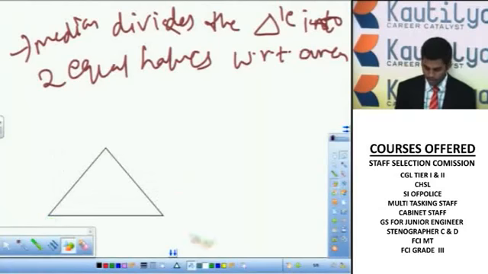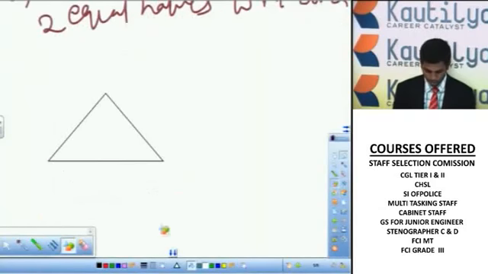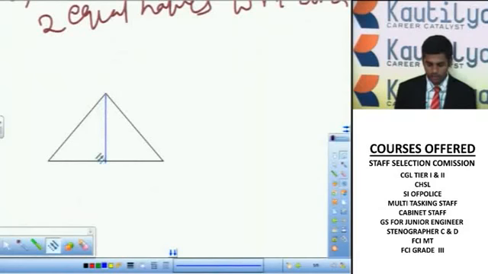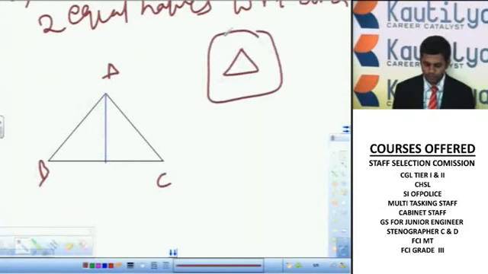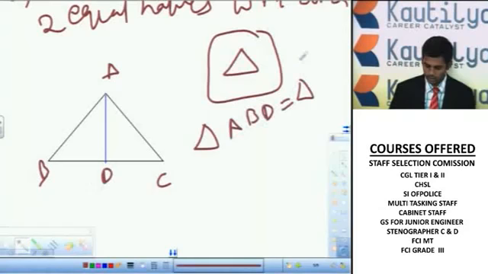That is, if this be the triangle ABC and if this be the median, the area of a triangle is usually represented with the letter delta. We can say that delta ABD equals delta ADC, since BD equals DC.